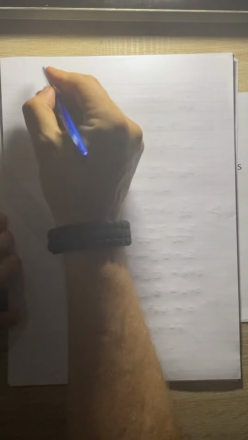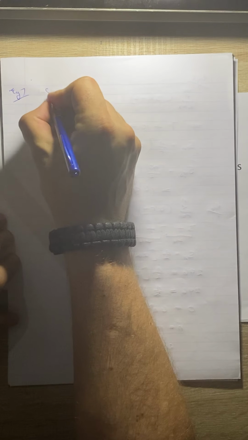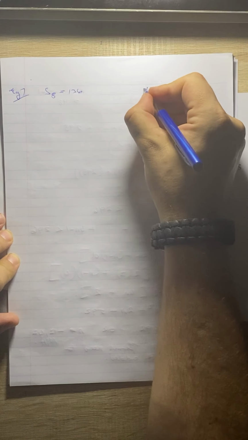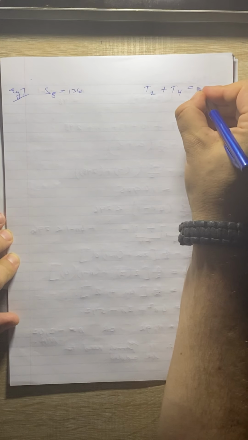Determine the series. All right, so what I'm going to do is I'm just going to write down the information that they've given us. They told us the sum of 8 terms is equal to 136.